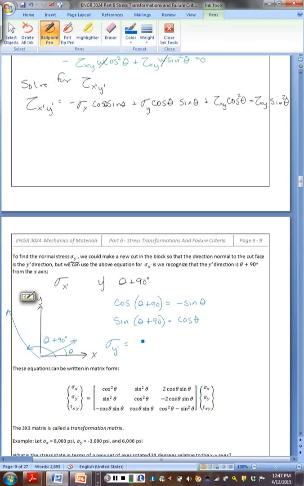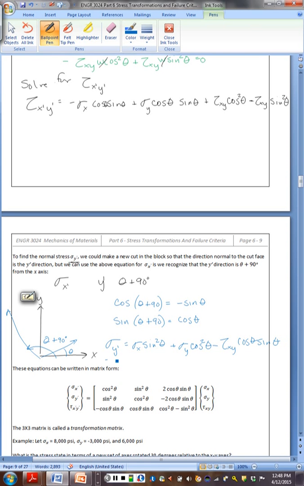and so we can simply jump to the answer that our sigma y prime is sigma in the x direction times sine squared, and cosine squared times the normal stress in the original y minus the shear stress times a cross term.